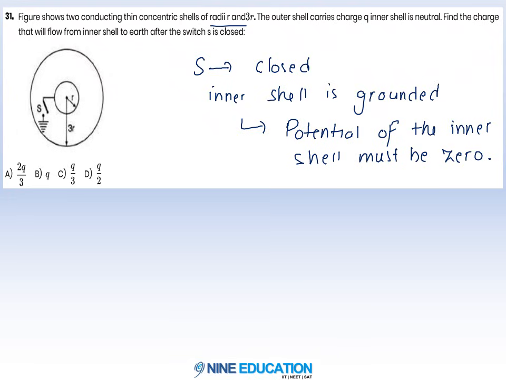So I don't know how much exact charge is available on it. So let's assume q dash on the inner shell and q is on the outer shell.